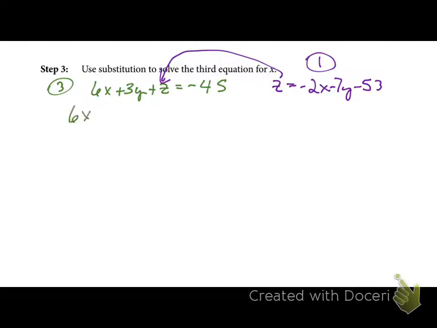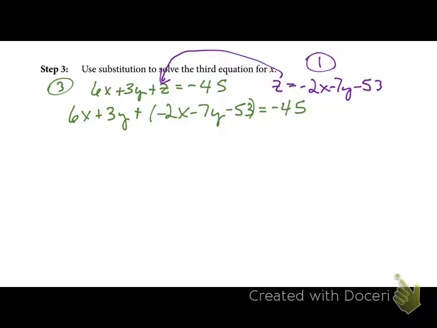That gives us 6x plus 3y plus, now let's replace, negative 2x minus the 7y minus the 53. Close that off, equal to our negative 45. Let's combine our like terms.